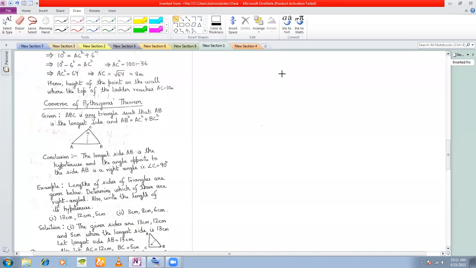Say I give you a triangle in this manner. Right? And say I only give you the lengths of the sides. We don't know whether this triangle is right angled or not, but we know the lengths.